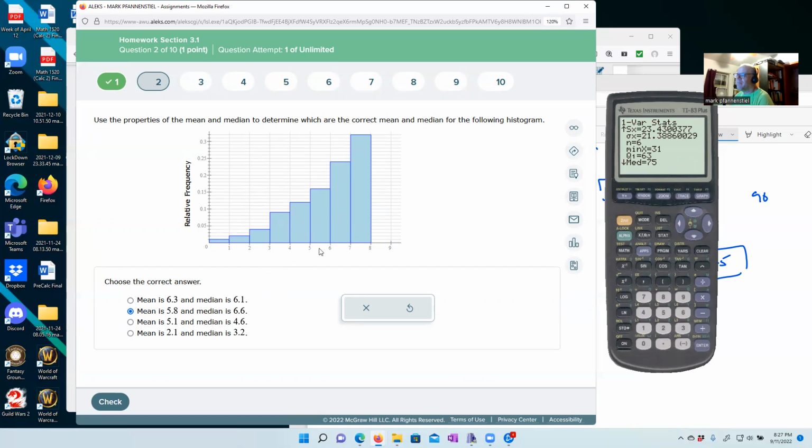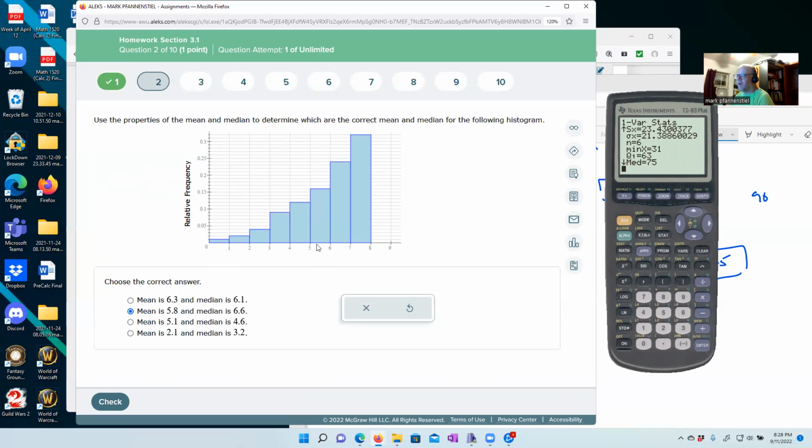But I like the mean being 5.8-ish. If I was going to put my finger at 5.8, I think I would balance this thing on my finger. Kind of. If I did 6.3, I think it would tilt. I don't think that would quite do it. I don't like 6.3. I like 5.8 and 6.6 a little bit more.